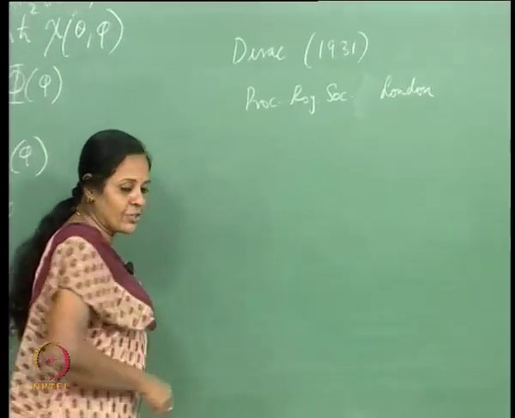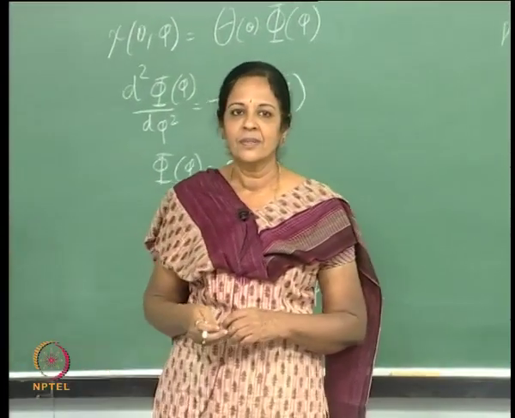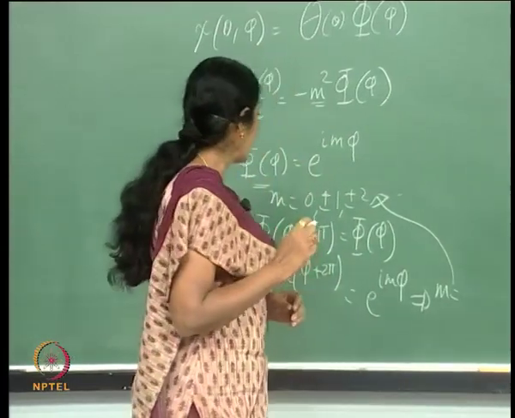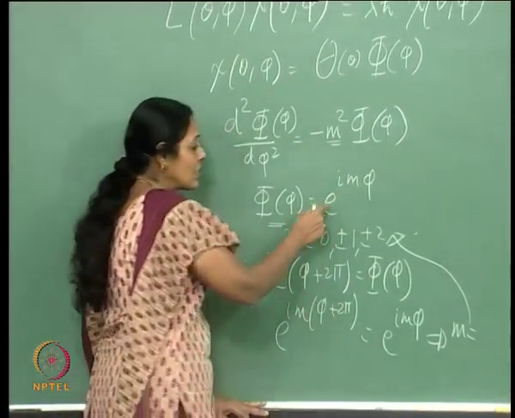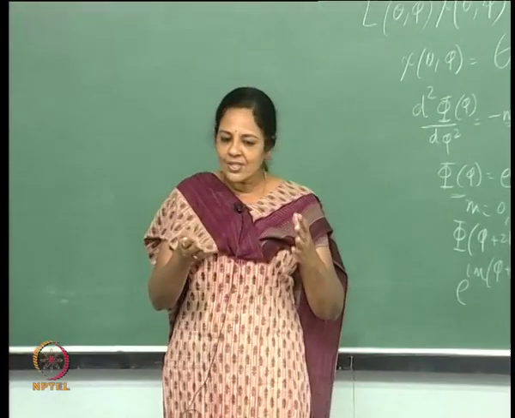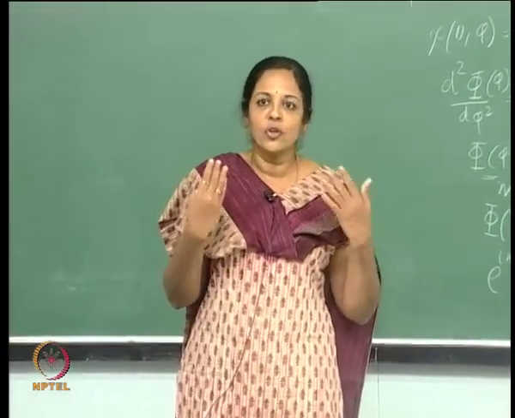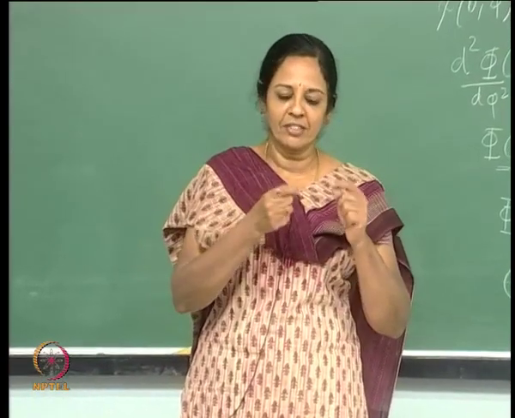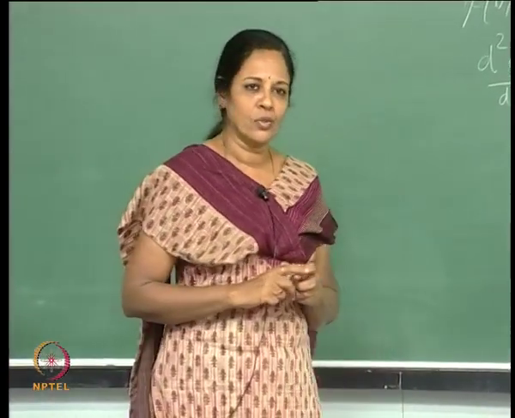Now, in order to get to that result, what Professor Dirac did was to talk about the change in phase of a wave function, the fact that things should be single valued at a given space time point, and so on and so forth.